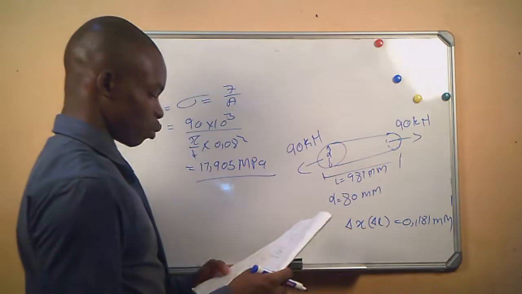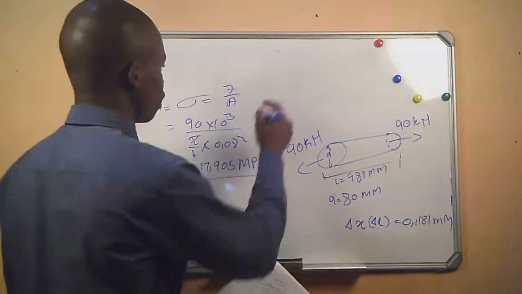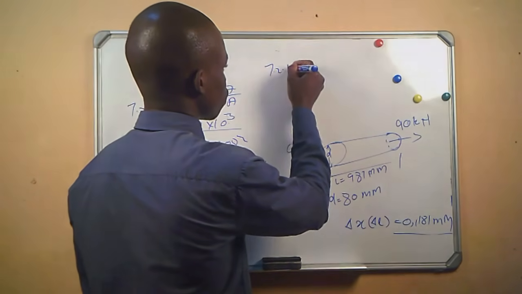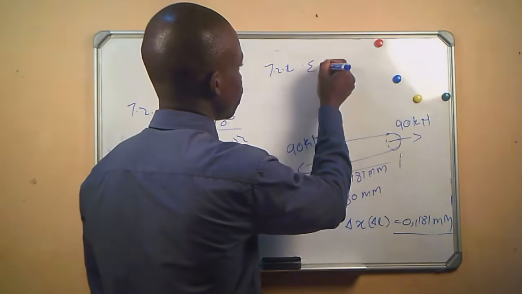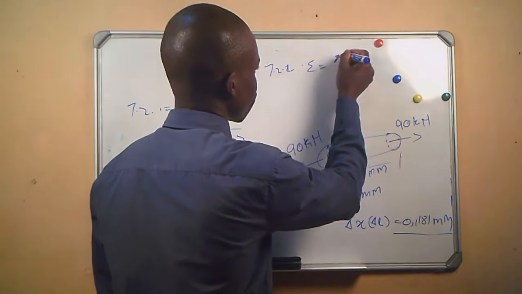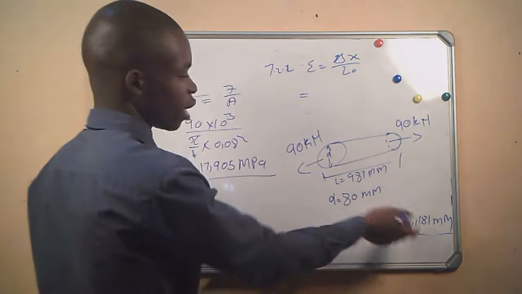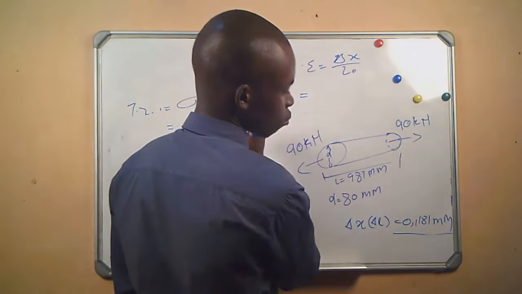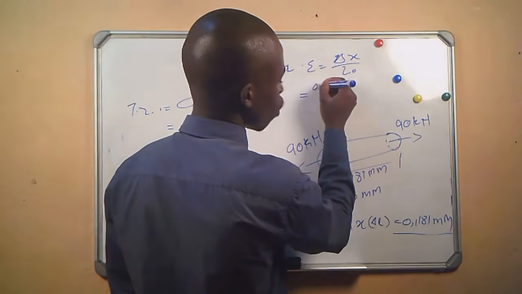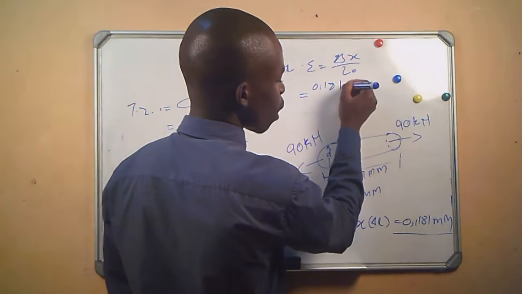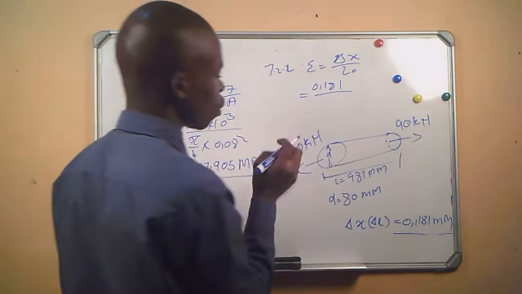And then we go to number 2. They say calculate the strain. 7.2.2. Strain is equals to the change in length divided by the original length. We know the change in length they gave us is 0.181 divided by, what's the original length?